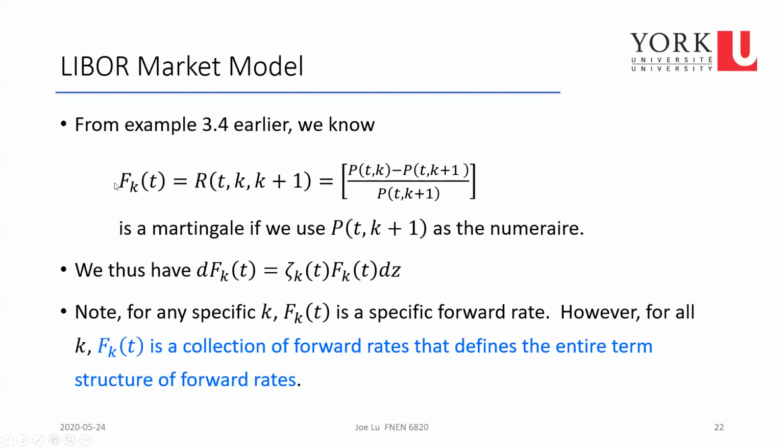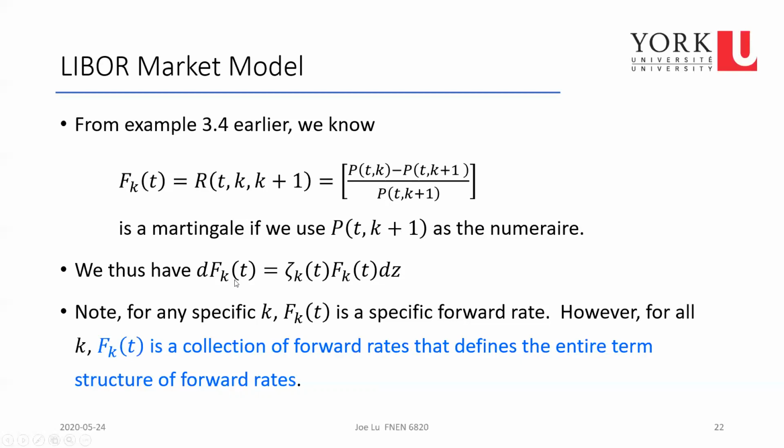So we have dF, the change of this forward rate, is this thing here, which just says it's a martingale, right? Now, this is only true when we use this thing as a numeraire. It's only true for this Fk being a martingale. The process of Fk is like this.